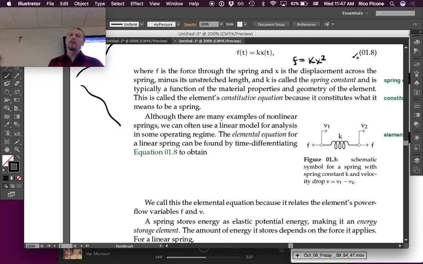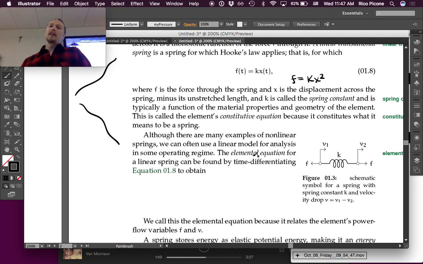The elemental equation for a linear spring can be found by time differentiating the constitutive equation to obtain dF/dt equals k dx/dt, and we have a name for that.